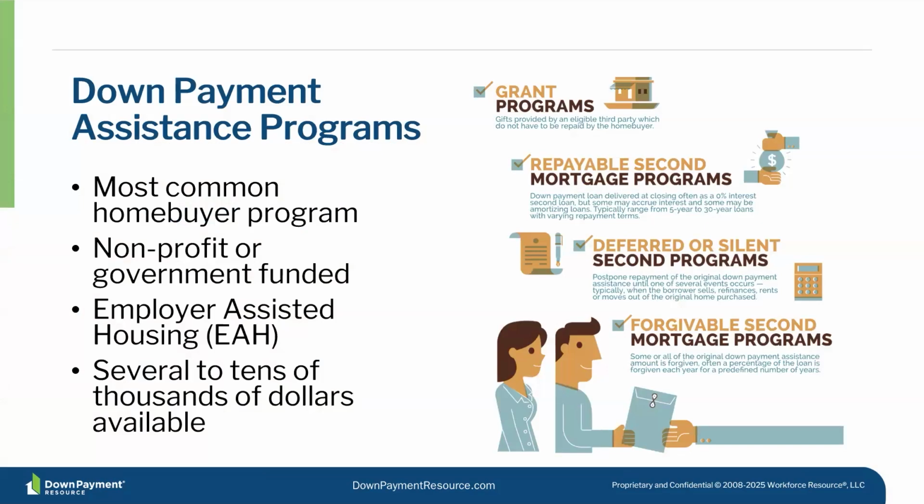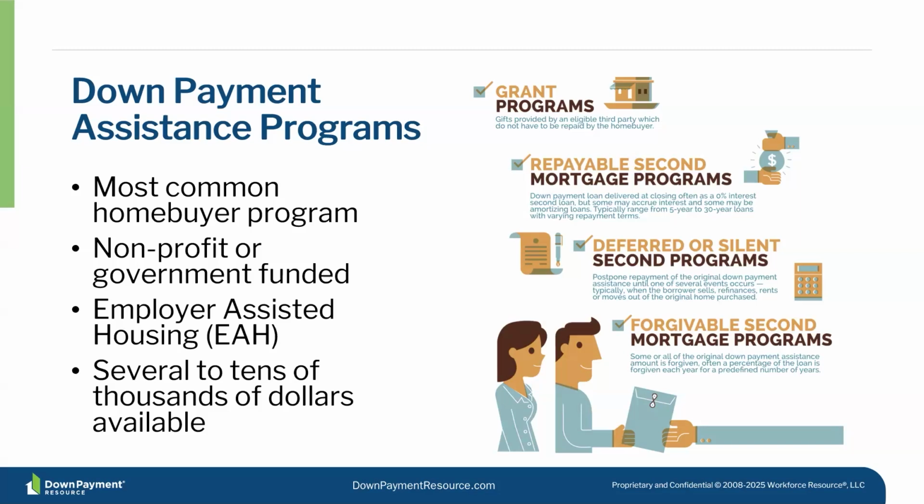Every state has a housing finance agency, which is the housing division of their state government, and just about all of them have some form of down payment assistance program, as well as local government and nonprofit program providers who offer DPAs. These programs are typically grants or silent seconds that offer down payment assistance of several thousand to tens of thousands of dollars to eligible buyers for down payment help.